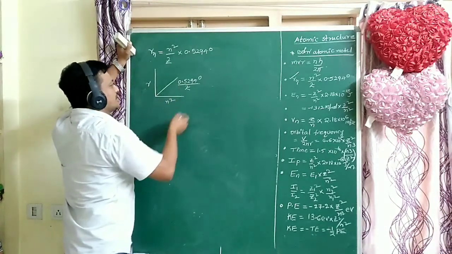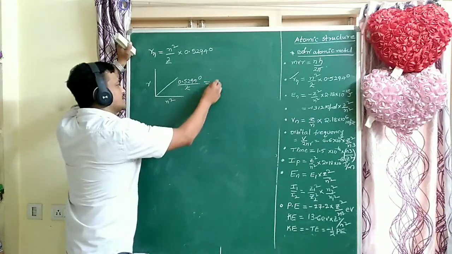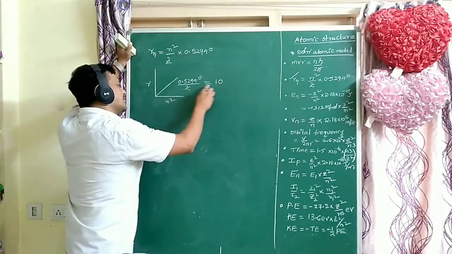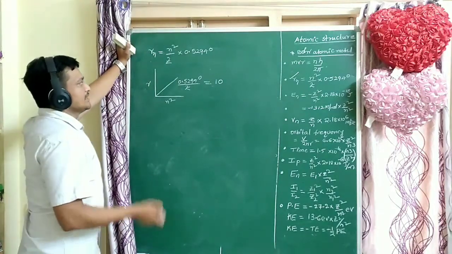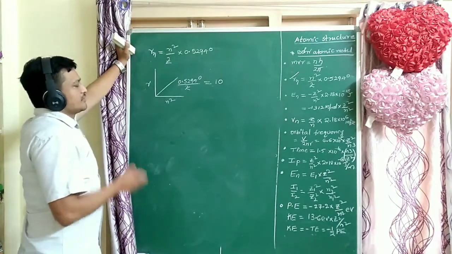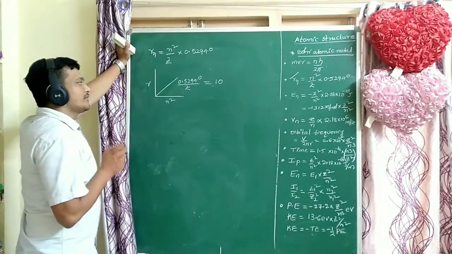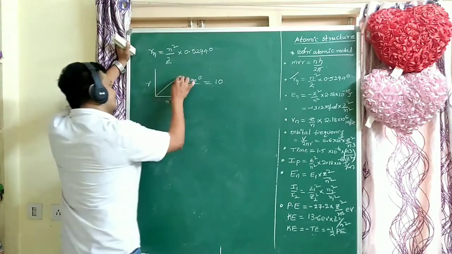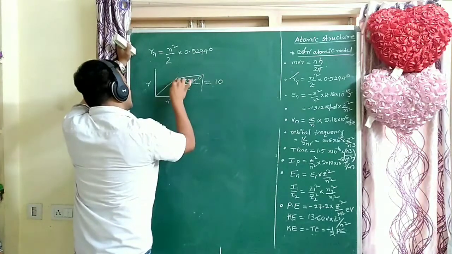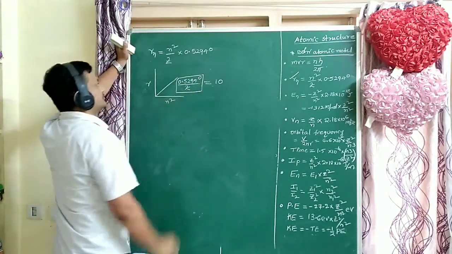If the slope is given, you can easily calculate the Z value. The slope is nothing but 0.529 angstroms by Z, and the intercept is 0.